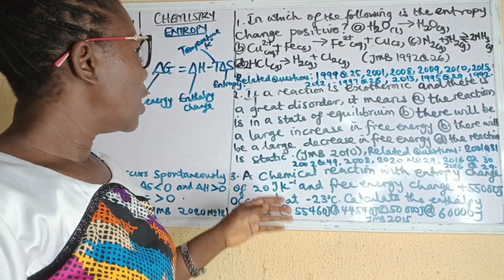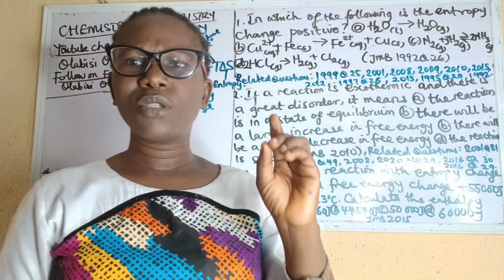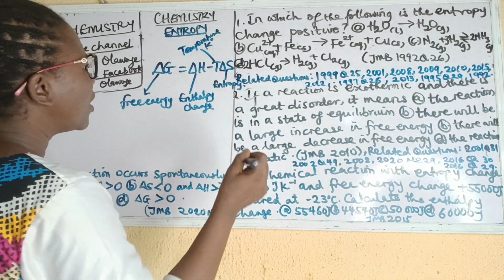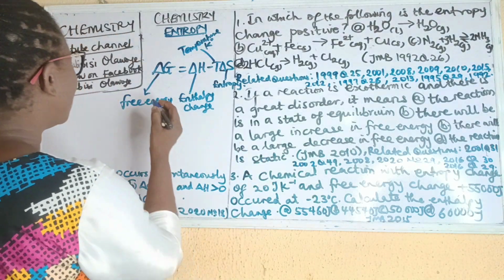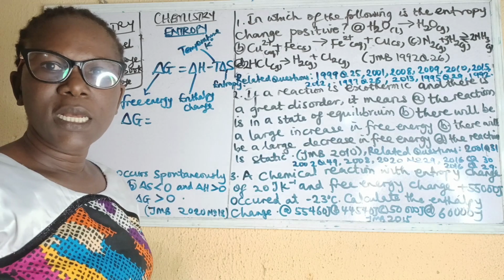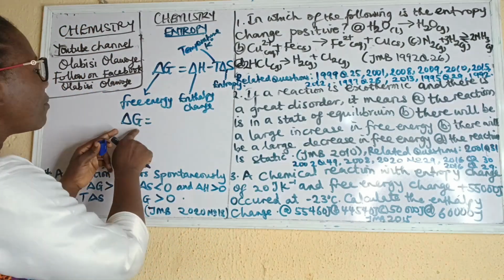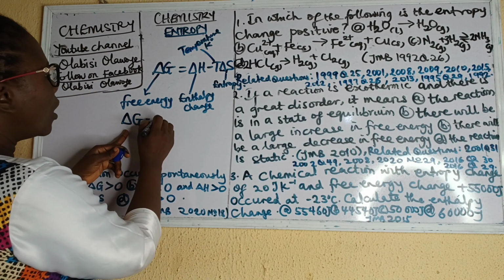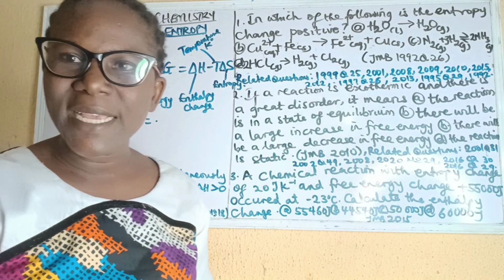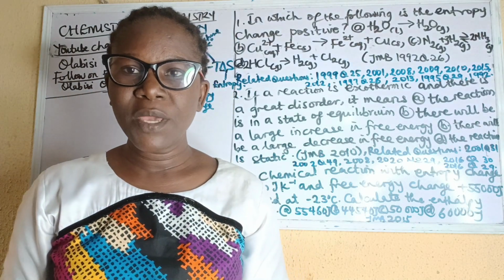And so for a reaction to be spontaneous, I'm going to assume different values here. I will use different values to represent these parameters, and from there we'll determine what ΔG represents. If ΔH, that is the heat of reaction, is negative, that is an exothermic reaction.